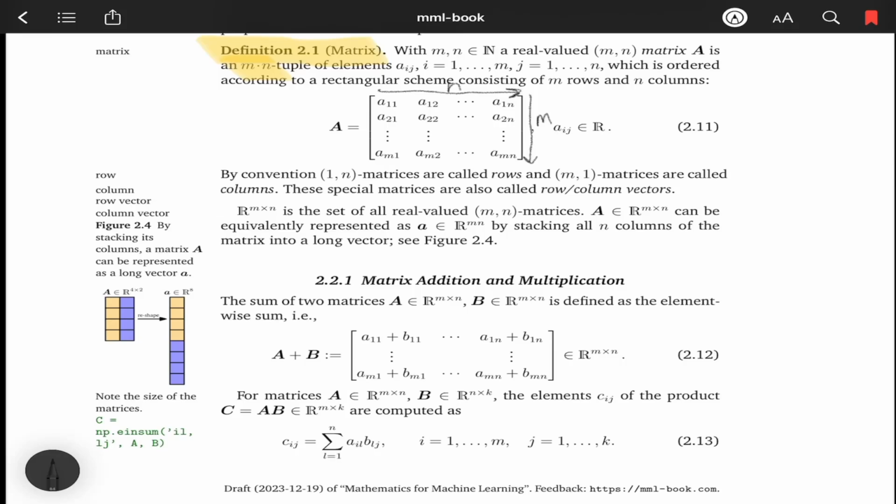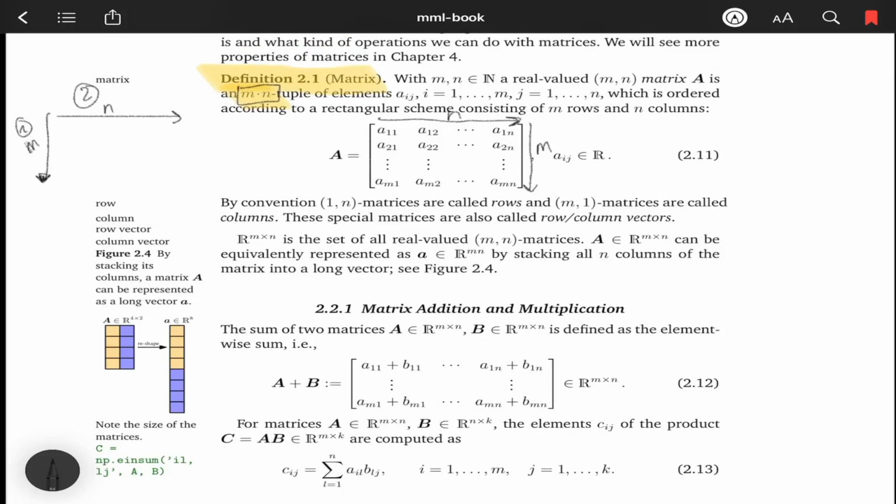Now it's important to understand that the order in which we write this down is important. What we have here is m times n. First, the number of rows, so how deep is it? And then the number of columns. This is what we have to remember.